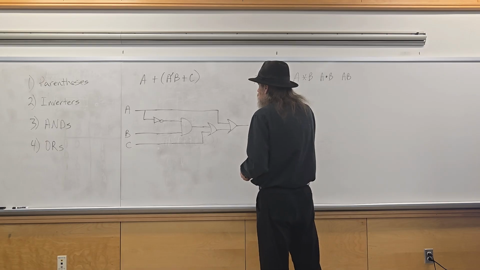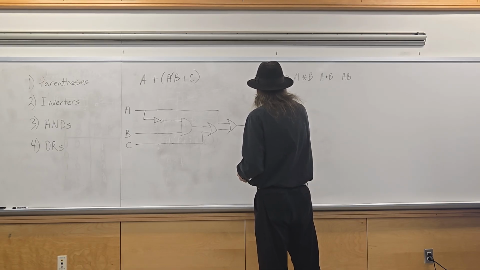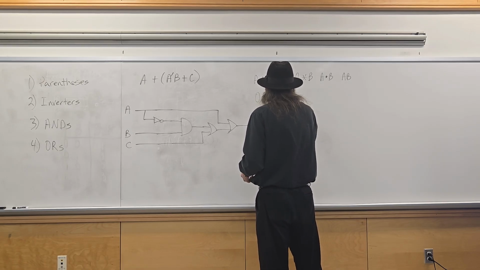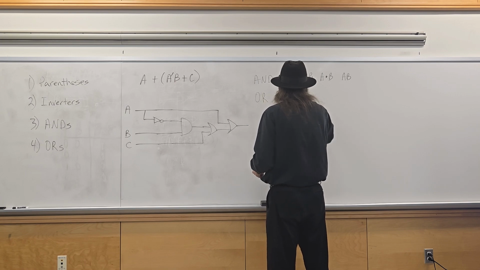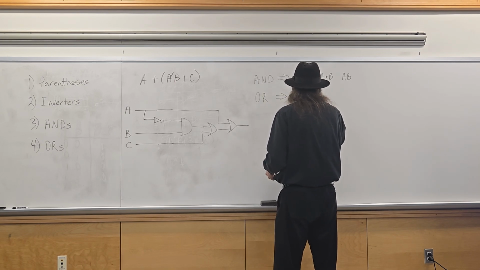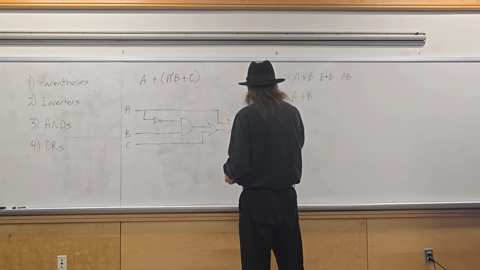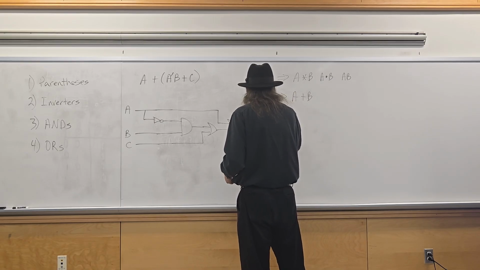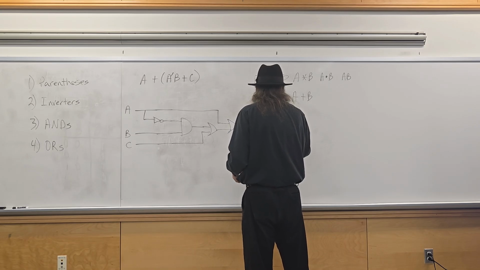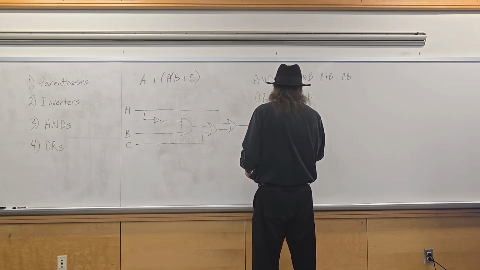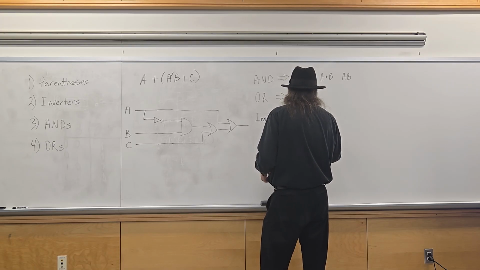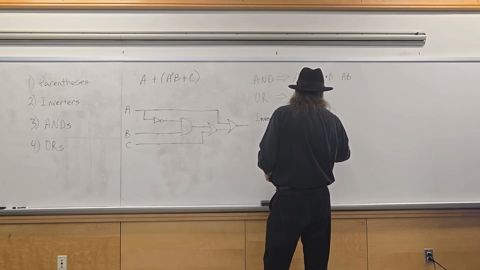And then OR is A plus B. And inverter is A prime or A bar.